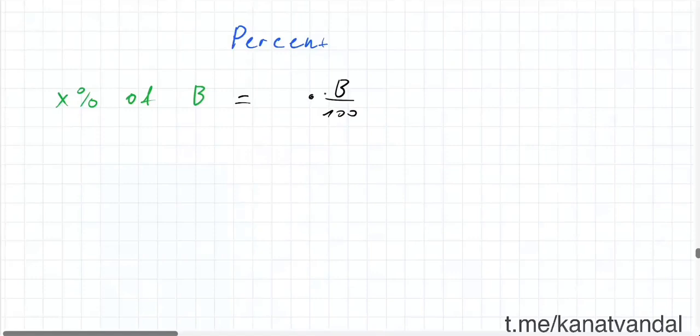So we multiply this 1% by their whole amount, right? So x% of b is mathematically represented by the expression x times b over 100, or I can rewrite this in a slightly different form. It's just x over 100 times b, okay?